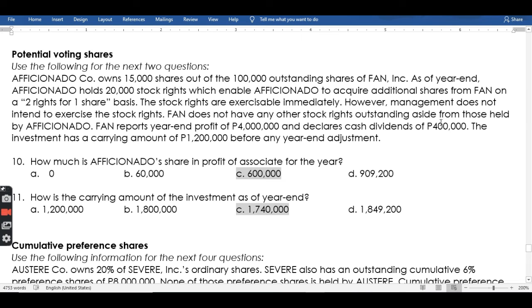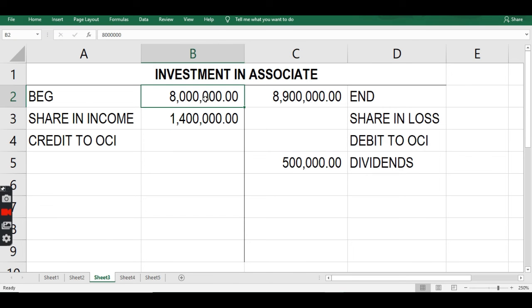Then we deduct the dividends. So what is the initial amount of the investment? 1,200,000.